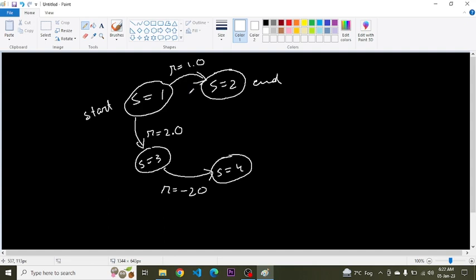For the 50% right and 50% down probability agent, the value is 1 times 0.5 for right, plus 2 reward for going down with a probability of 0.5. So it is going to be 1.5.